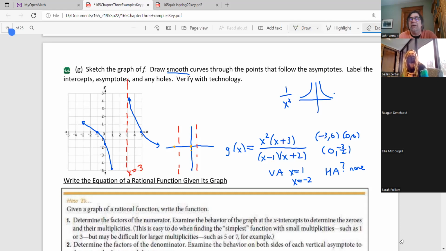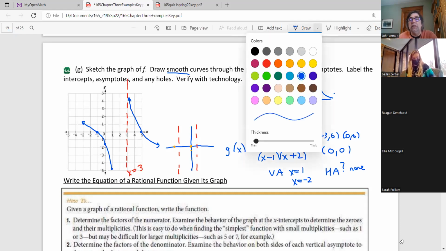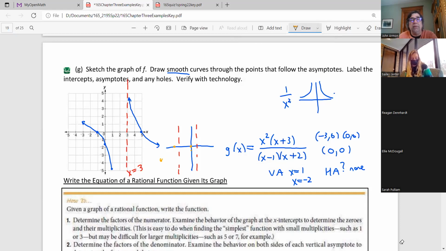That was not calculated correctly. Sorry, I was just thinking about this. It should be 0, 0, because if the x-intercept is 0, 0. I did not calculate that one correctly. All right, so remember the graph looked like this. Up on this side, up and then back down, and then kind of down on this side.